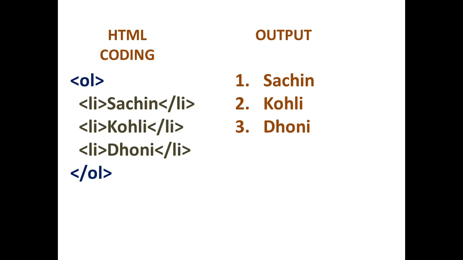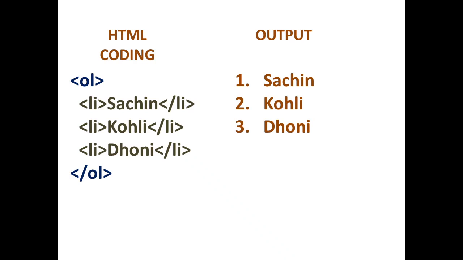I'll summarize things. The parent tag is the OL tag. It has an opening tag as well as a closing tag. In between, we have a sub tag called the list item, which has a separate opening and closing tag. Inside that, I have given the first list item Sachin, second Kohli, and third Dhoni.